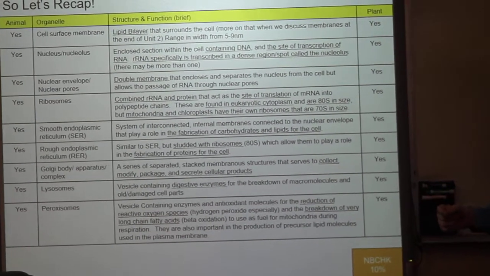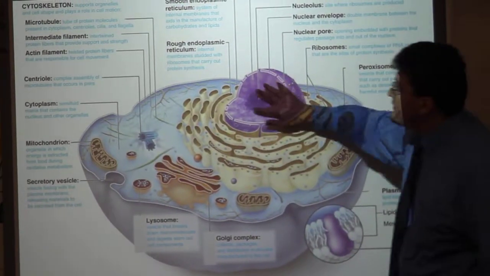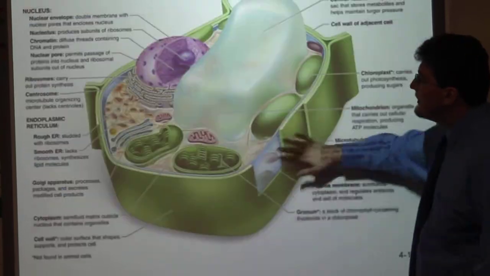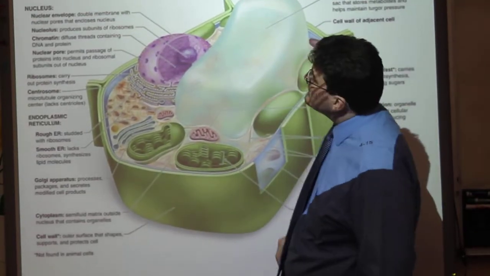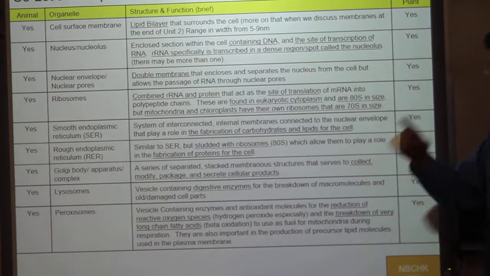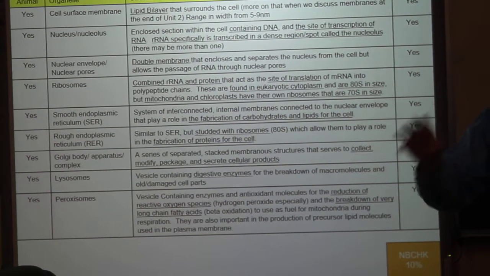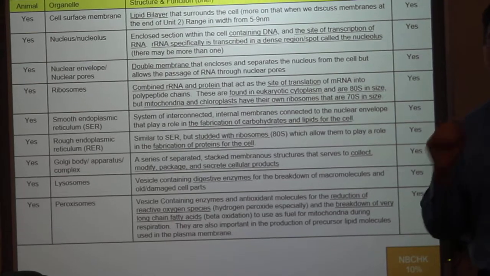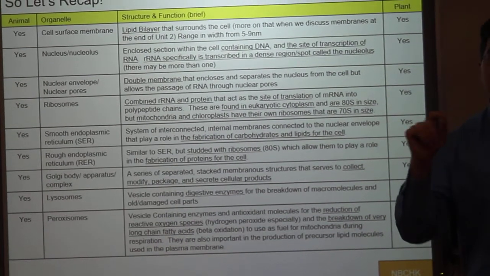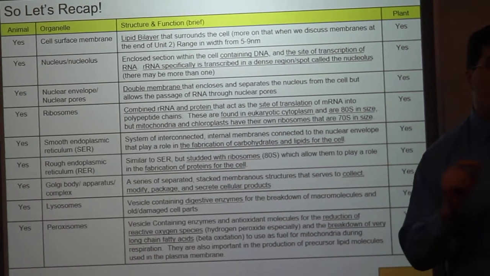The nucleolus is those dense regions, those spots. This spot right here, that's the nucleolus. That spot right there, that's the nucleolus. Now, I want you to understand something. There can be multiple nucleoli. There could be more than one. A single nucleolus, multiple nucleoli.